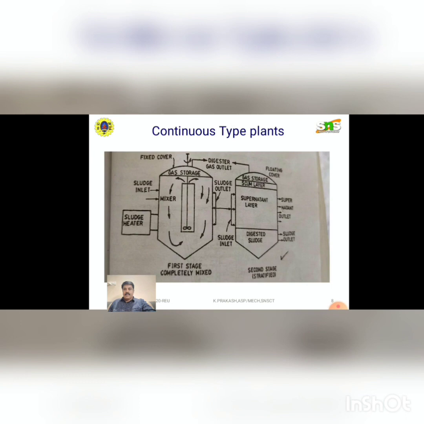However, the two-stage biogas plants are costlier and difficult to operate, and maintenance is also a problem. The most important features of these continuous type plants are that gas production is continuous, the retention period is less, there are fewer problems compared to the batch type, and small digestion chambers are required.